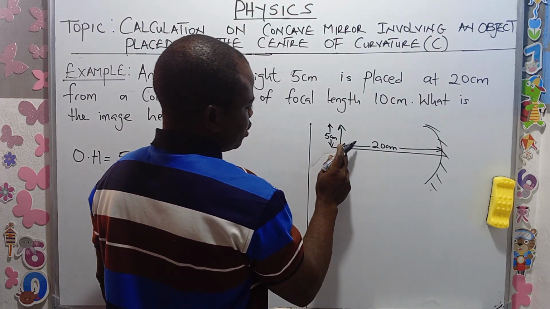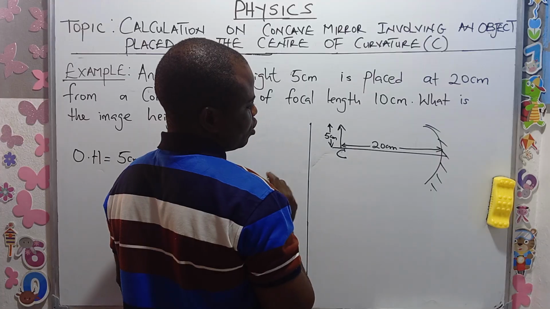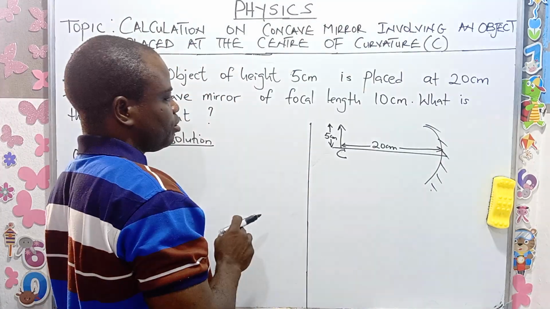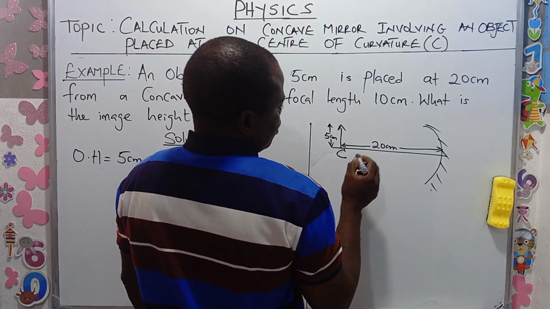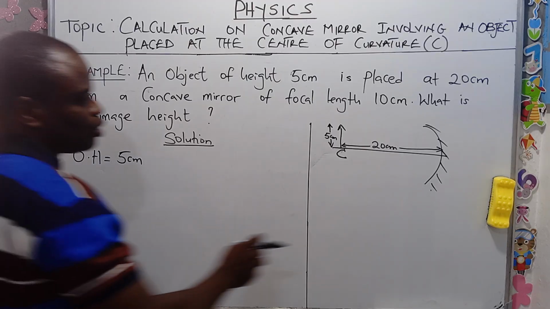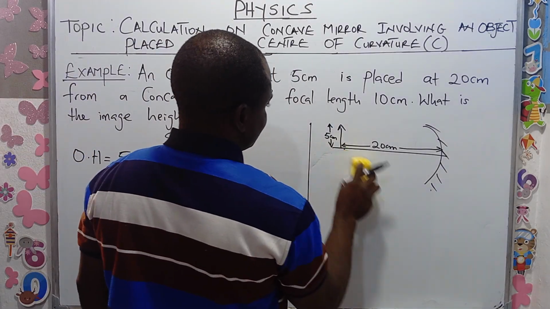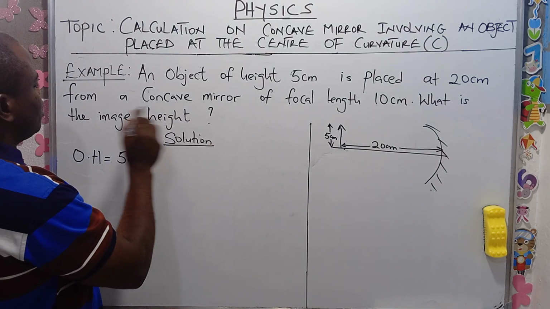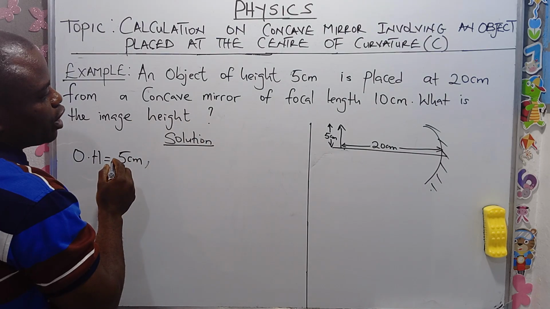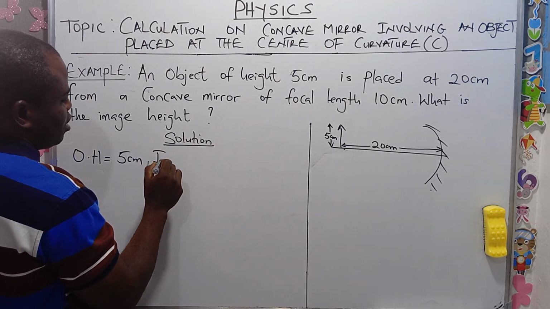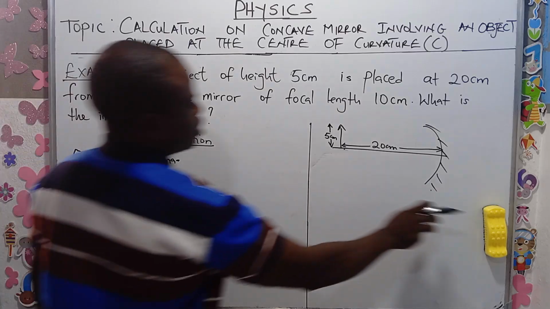Don't forget, when this is at the center of curvature, you're going to see that it's of the same height as the object, that is the image height. Now, let's just do the calculation first before we know if it is at the center of curvature. The object height is 5 centimeter, placed at 20 centimeter from a concave mirror, that is the object distance.